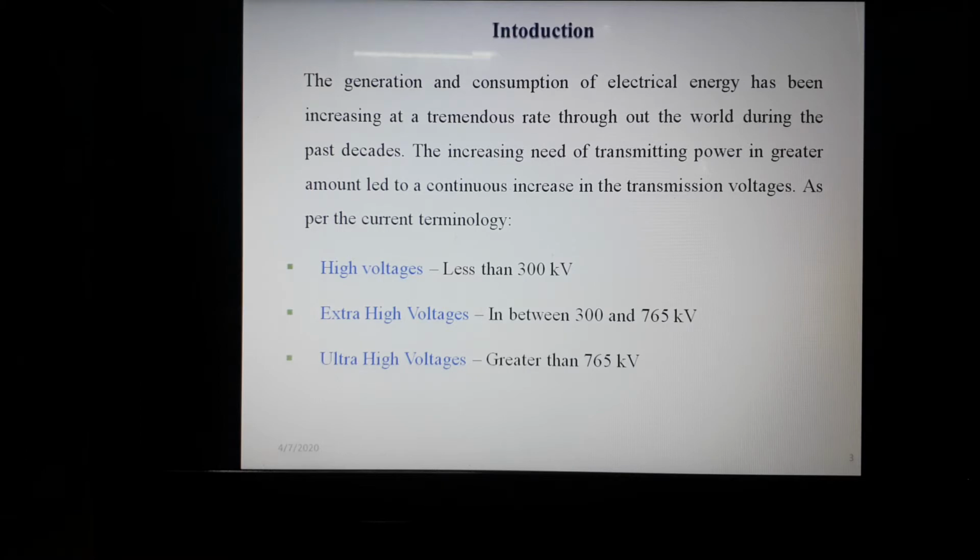As per current terminology, high voltage ranges are less than 300 kV. Extra high voltage, EHV, is in the range between 300 and 765 kV, and ultra high voltage is greater than 765 kV.